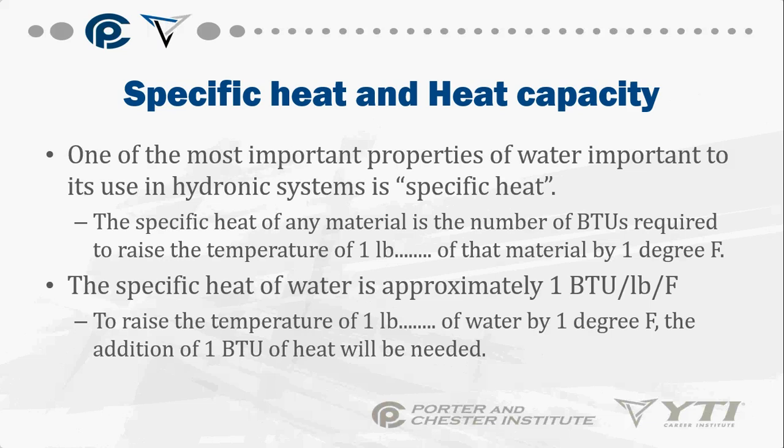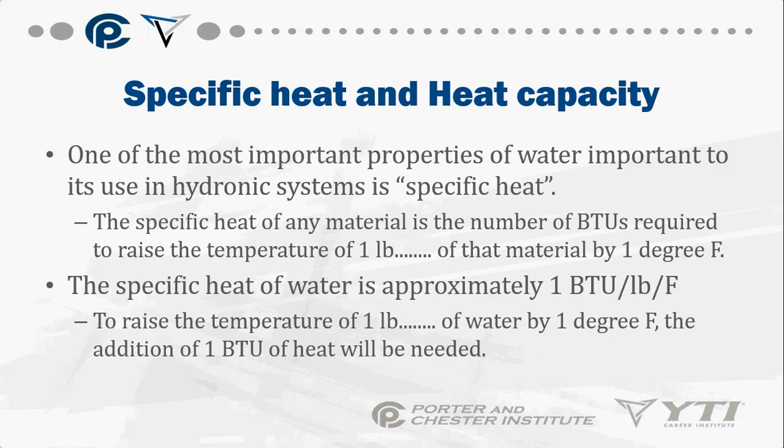Because before, hold on, let me finish my statement. Because before we had refrigerant, and we had air conditioners, and we had the use of natural gas and oil and all that stuff, what did we use to heat a home? Water.